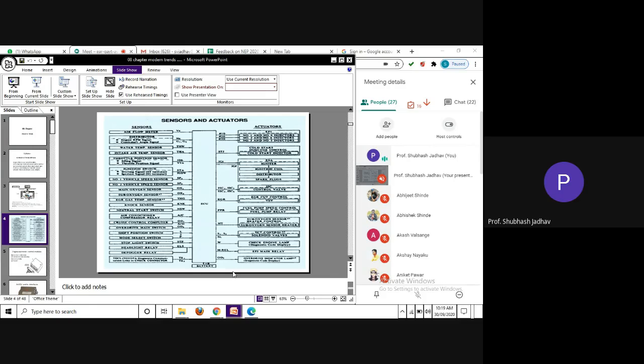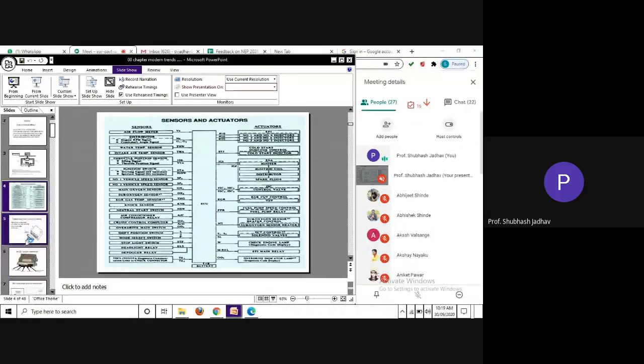And correspondingly, for every major piece of equipment to be controlled, there will be one ECU. Whatever data is required from the different sensors will be taken by that particular ECU, it will decide what action is needed, and that information will be given to the actuator. So that is the meaning of this particular slide.